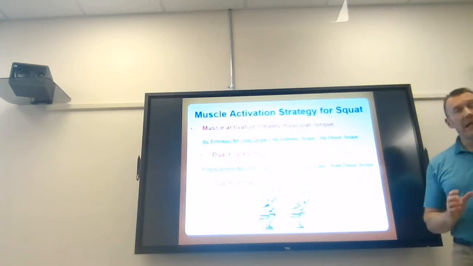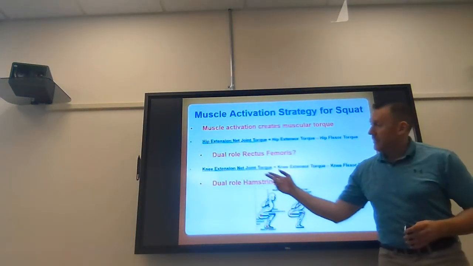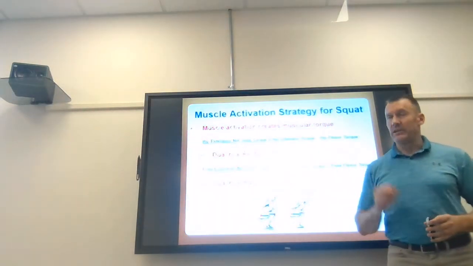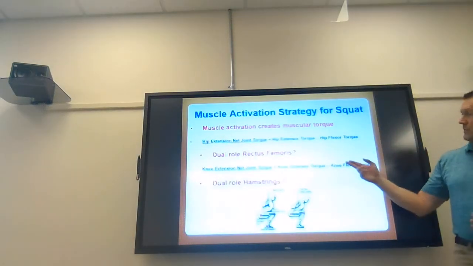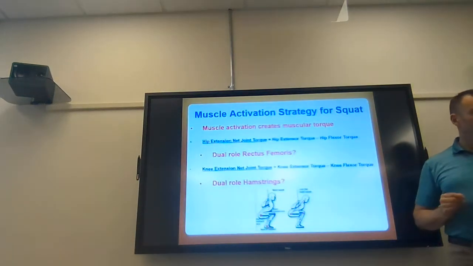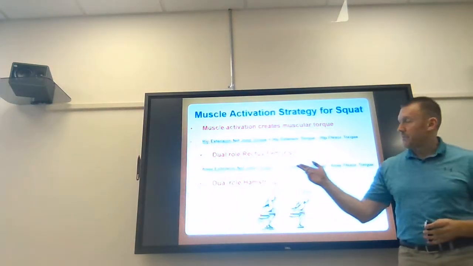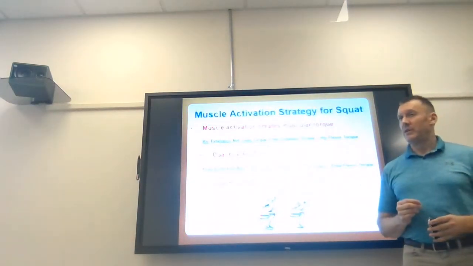So during a squat, what tends to happen is the nervous system reduces activation of the hamstrings. What that does is it reduces the flexor torque at the knee joint and allows the quadriceps to create the most extensor torque at the knee.